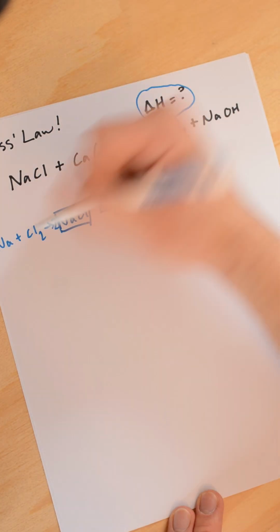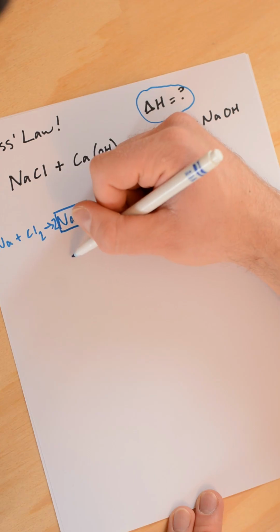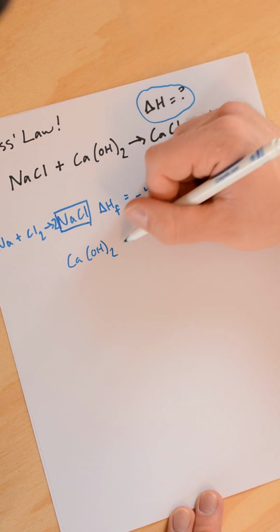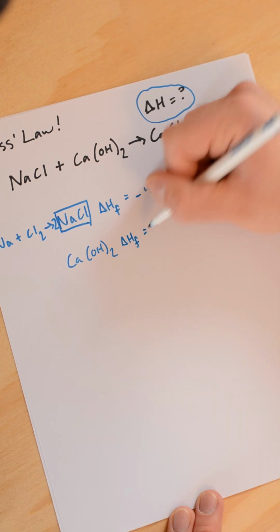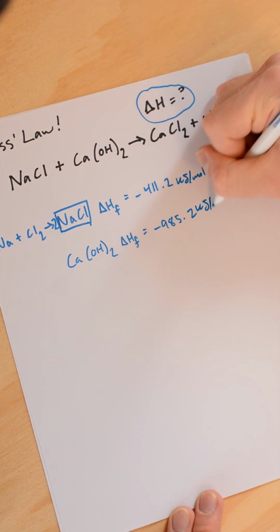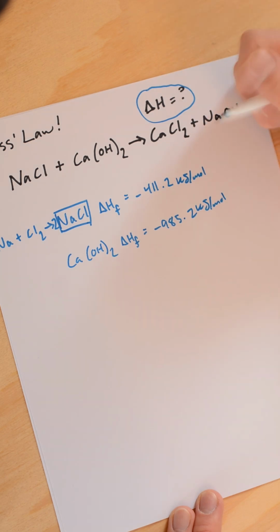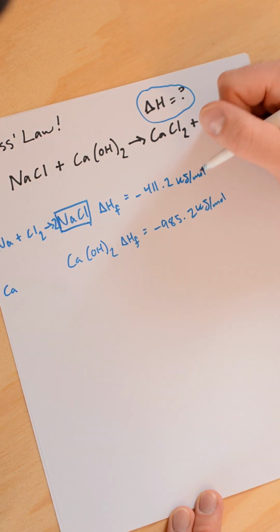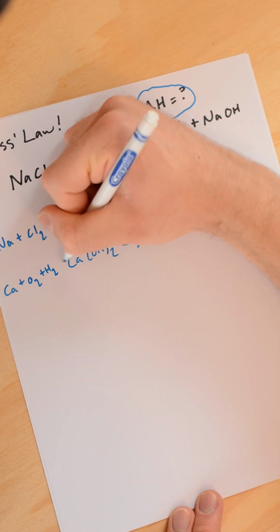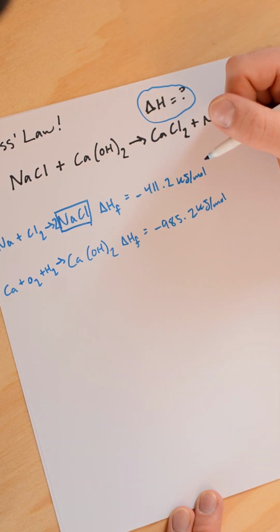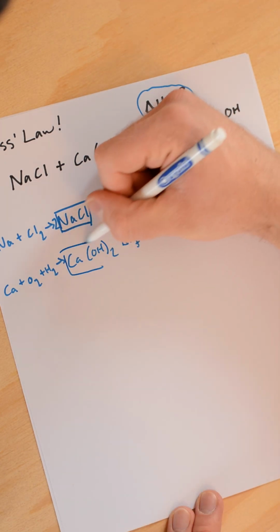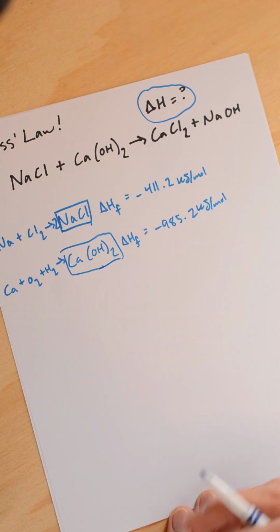The calcium hydroxide has an enthalpy of formation of negative 985.2 kilojoules per mole. So again, that means if we took calcium and oxygen and hydrogen and formed this from its elements, it would release this much energy. Every mole of this thing that gets produced would release this much energy.